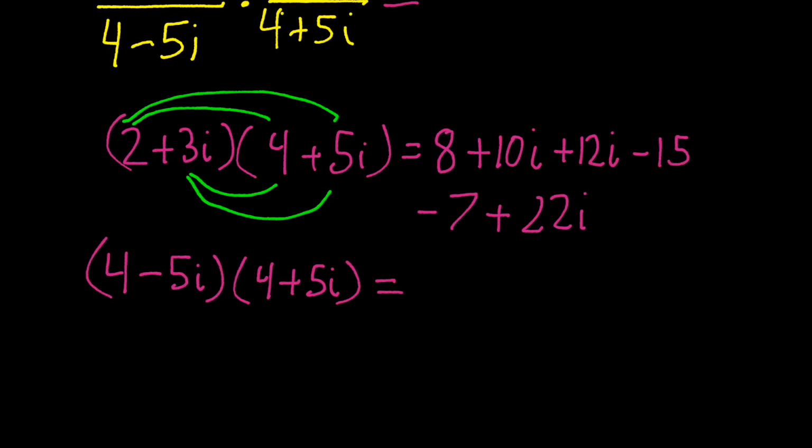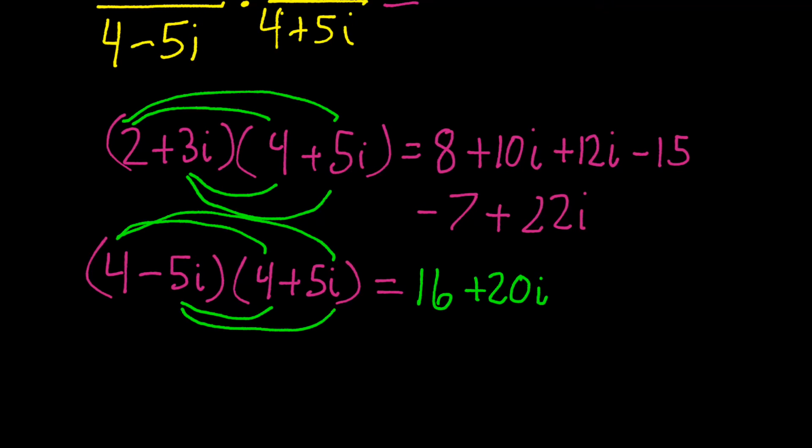And just like before, we got to multiply the first ones, the outer ones, the inner ones, and the last ones. So 4 times 4 is 16. We've got 4 times 5i, which is positive 20i.